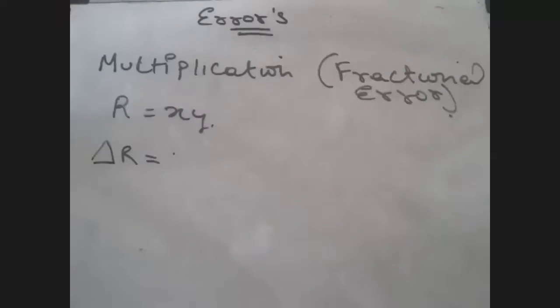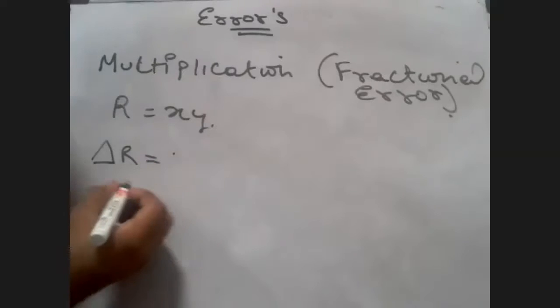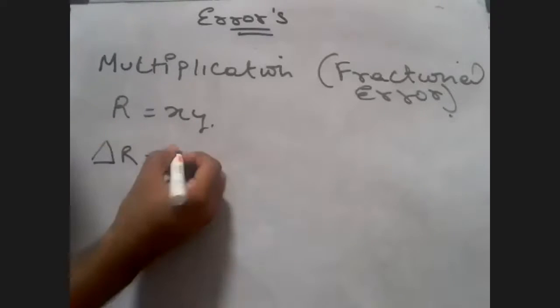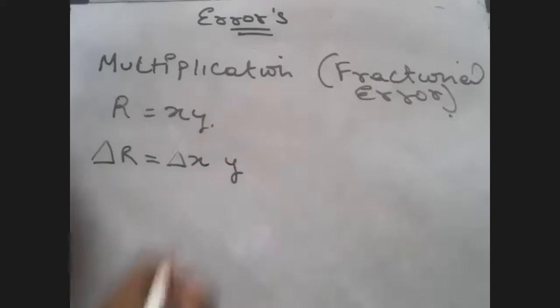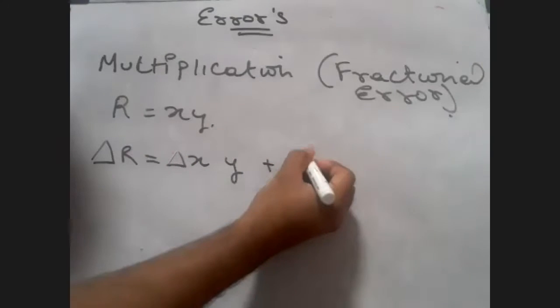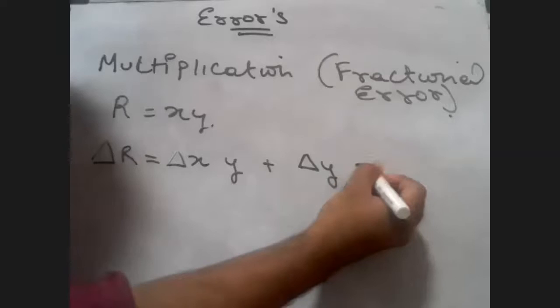That is how multiplication is basically done. So here, look here. The change in result will be change in x keeping y constant plus change in y keeping x constant.